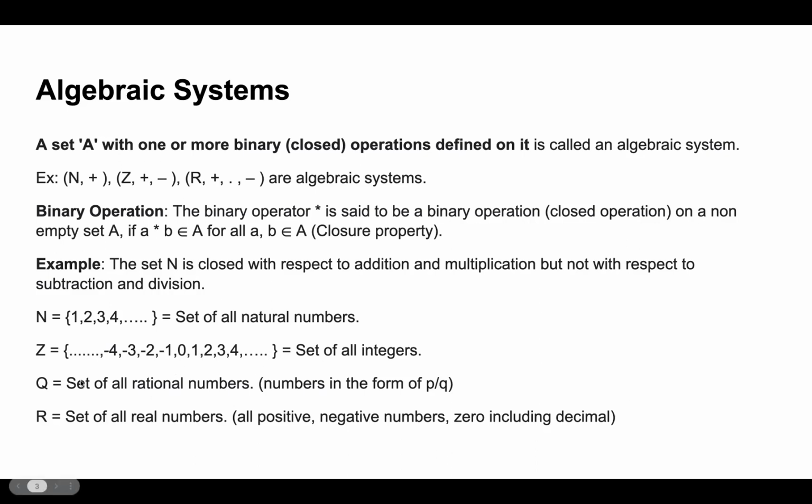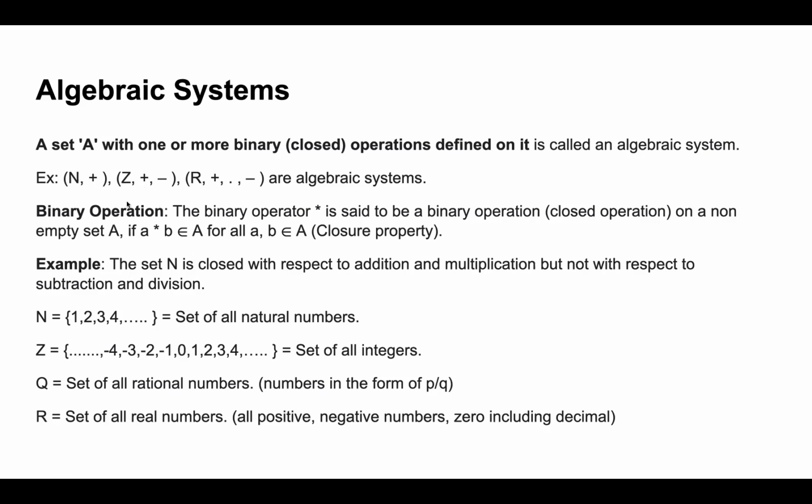From minus infinity to plus infinity, it is the set Z of all integers. The plus operation is performed there. If I take -2 plus 2, it gives 0. 0 is present in the set.